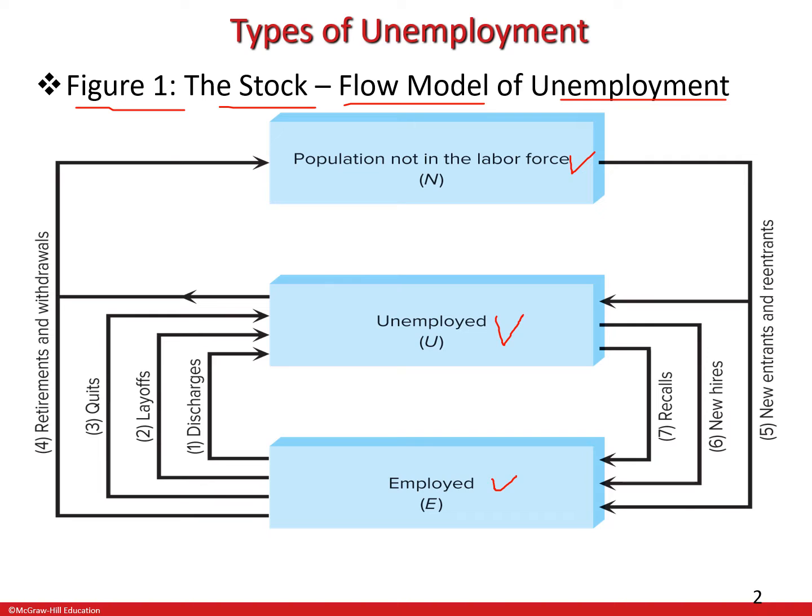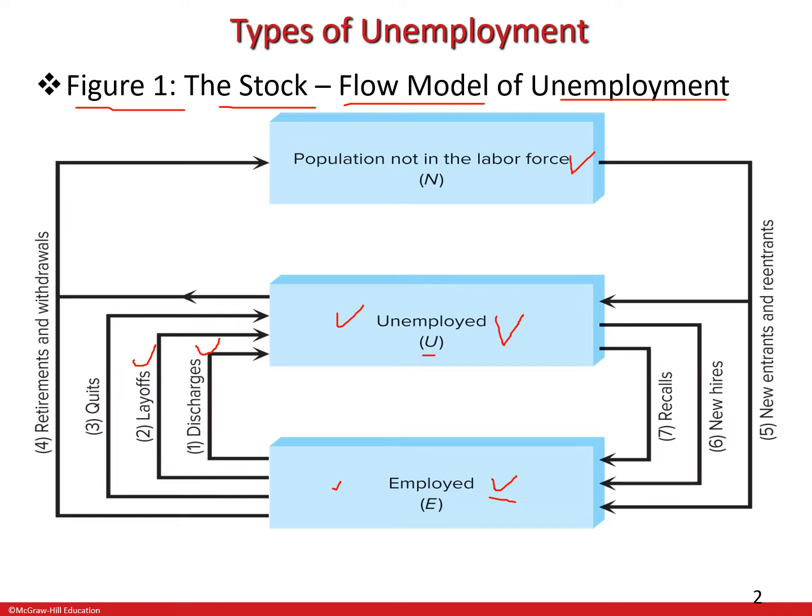For instance, first, people who are discharged from work move from the first box to the second box and are considered unemployed. Second, people who are laid off by the company also move from the first box to the second one.